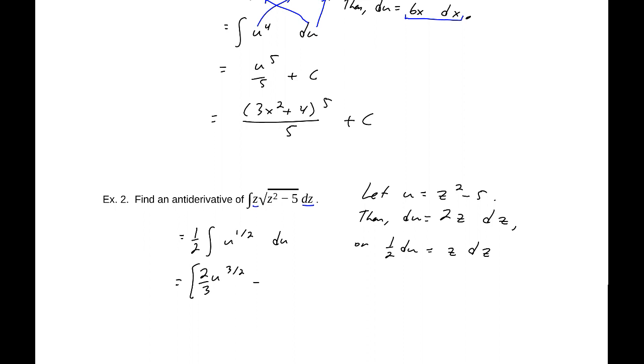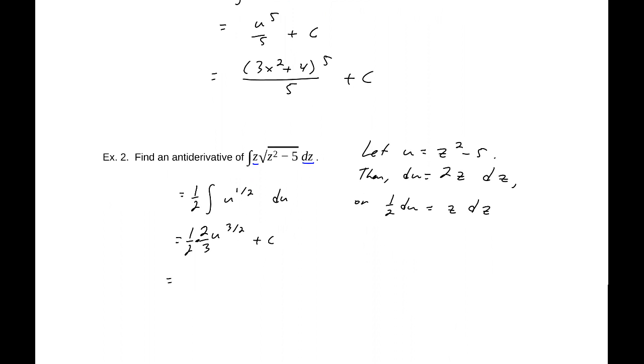Plus c. Now I cannot forget my factor of 1/2 that was out there. So that is going to be 1/3. I'm going to go ahead and substitute back in my u: (z squared minus 5) to the 3/2 plus c. All right, that is my antiderivative.